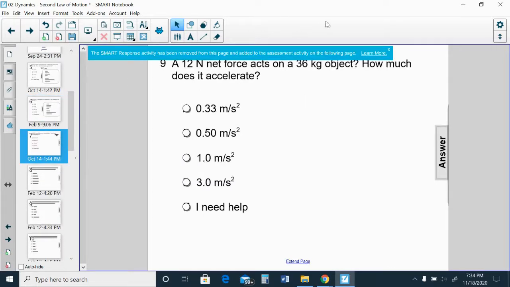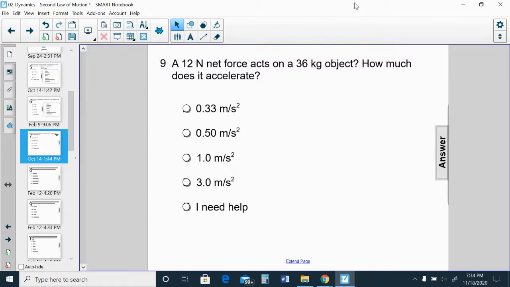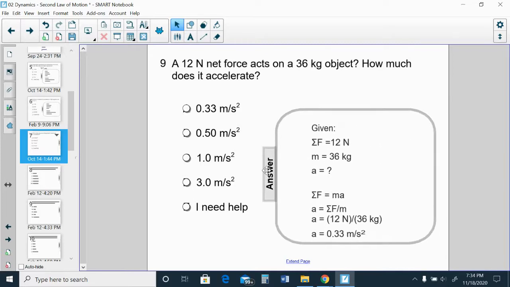A 12 Newton net force acts on a 36 kilogram object. How much does it accelerate? Okay, so for this one, you have to rearrange the equation since now you're solving for acceleration instead of force. So we're given the force, which is 12 newtons. The mass is 36 kilograms.